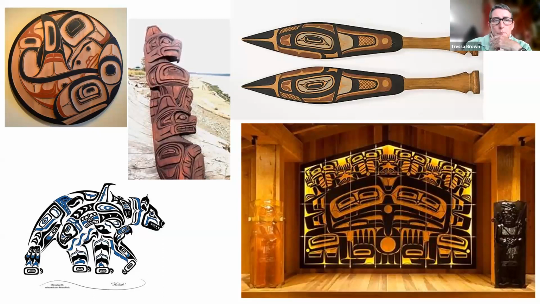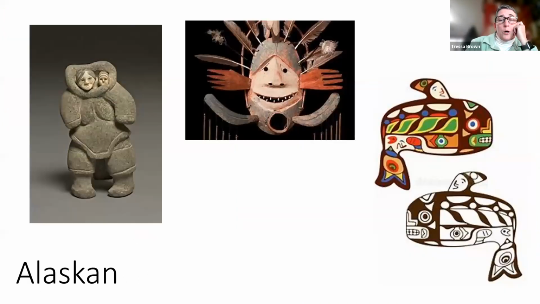And of course, these are the folks whose totem poles are created the same way, with no right angles. When you work all the way up into the Alaskan range, this is the only group of people that I have seen in American Indian cultures whose artwork is very, very much abstract.